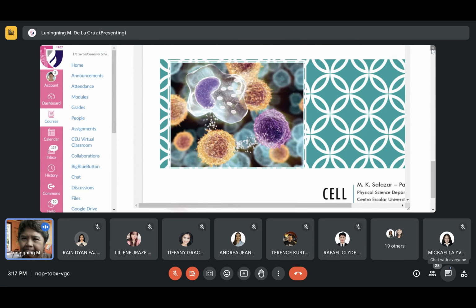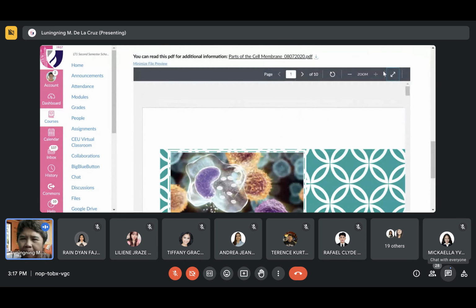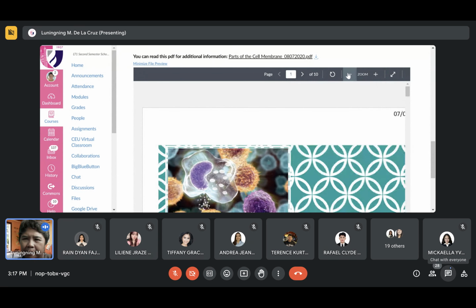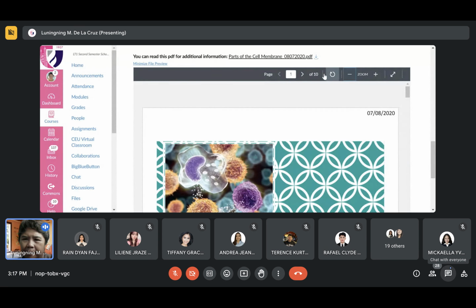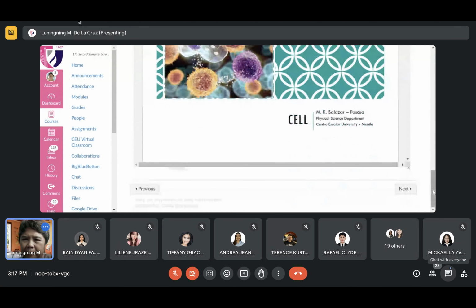Ayusin ko lang. Baka natatagal ito yung mga buhok-buhok. Facial, ano nga to? Mask eh. Wait lang.